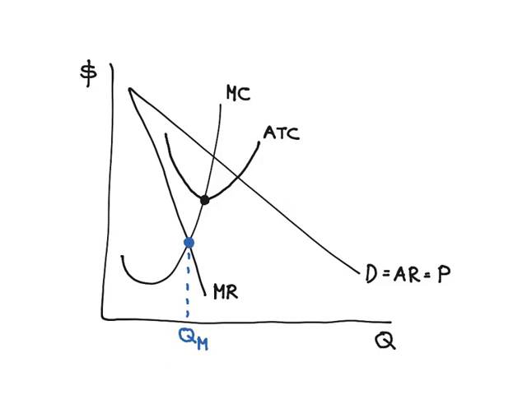So we actually have to go up here, hit the demand curve, because this is the point where our quantity hits that demand line, and then go over to get the price. We'll call that PM. Okay, and we can make this PM as well. So this is the monopolist's price.